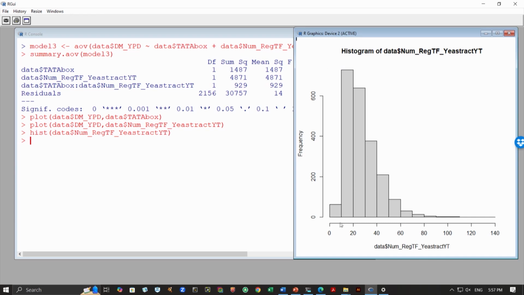For some genes we do not have any transcription factor binding, either because this is missing data, we do not have experimental data for this, or because there is actually no binding. For the rest, we see some transcription factor binding between, let us say, 10, 20 and so on, and there are also some genes with a very high number of transcription factor binding. So we can see these values, and then we also look at the ANOVA analysis.